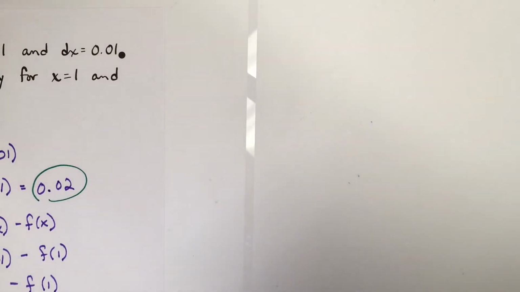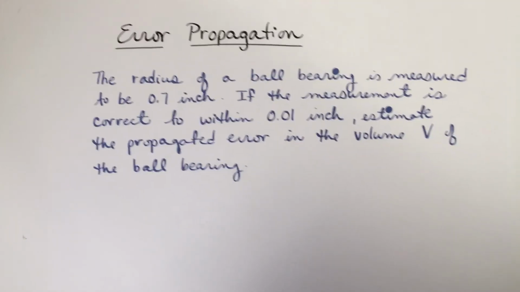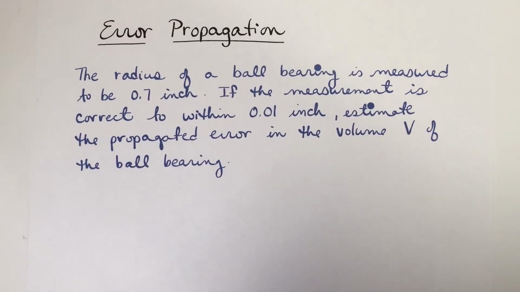Okay, next. This would be an application of where you would see differentials used. This is error propagation. Alright, so you're dealing with a ball bearing, and you know that its radius is 7/10 of an inch.